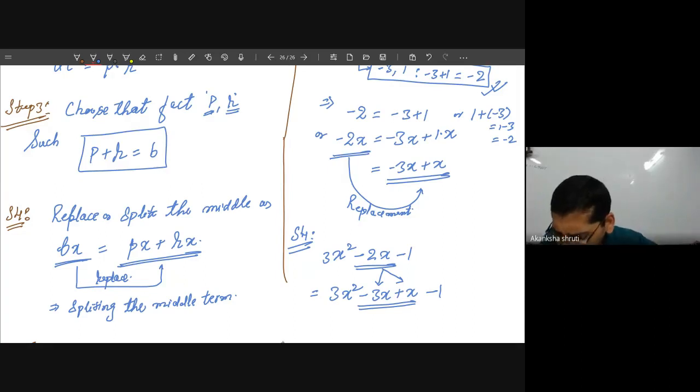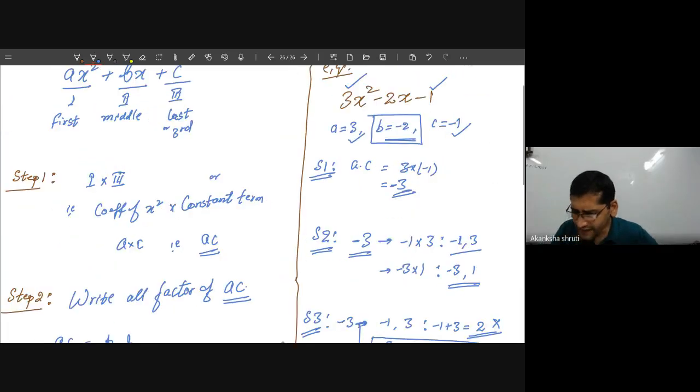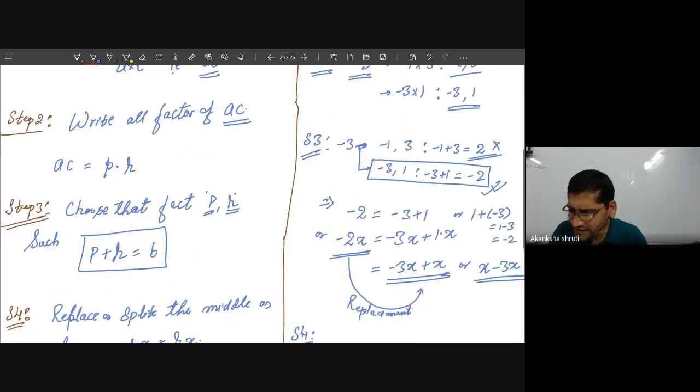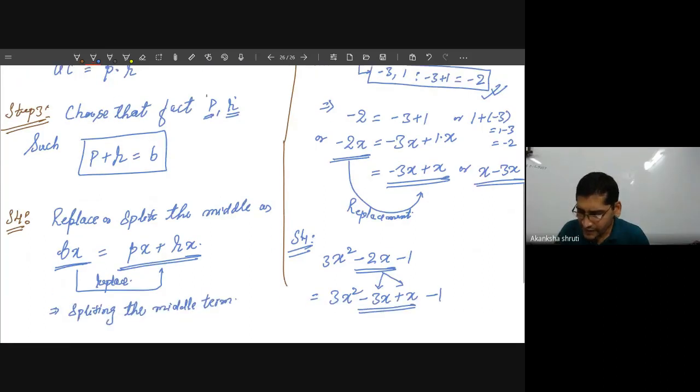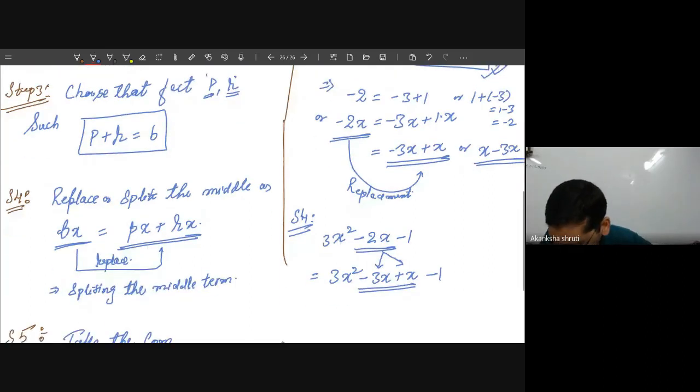Or whether you write this as x minus 3x, you are getting the same result. You are free to write x minus 3x or minus 3x plus x; it means the same thing. So that's why this minus 2x is replaced. Observe carefully. This line is up to the negative sign. So the negative sign is important. It is not only 2x, it is minus 2x.